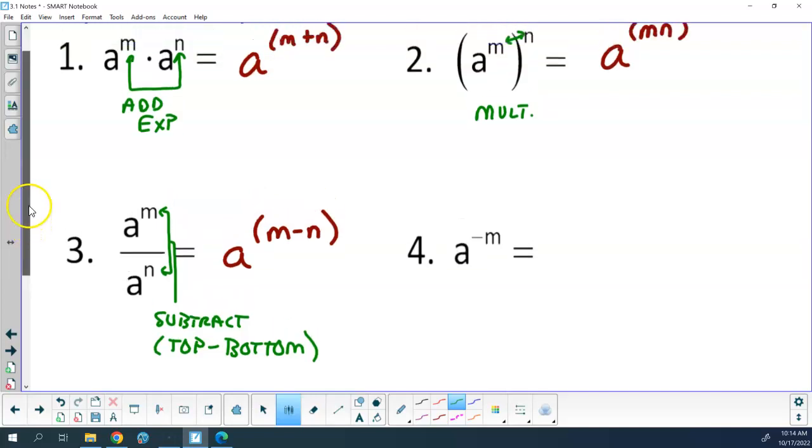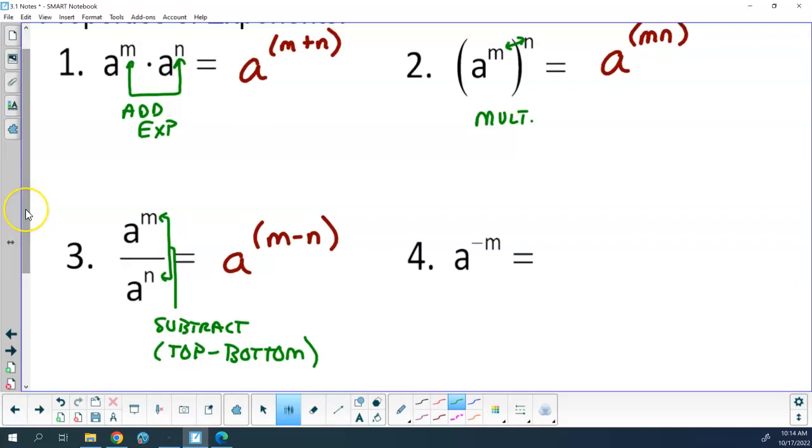Those are the 3 main ones, you'll use those a ton.